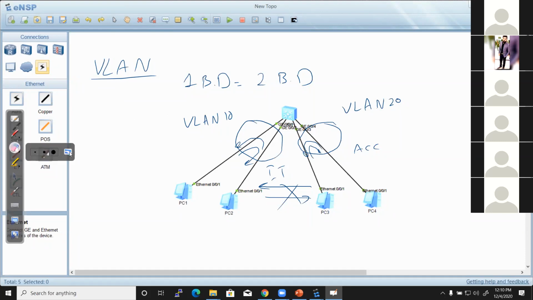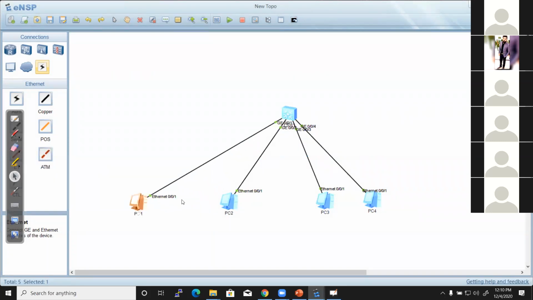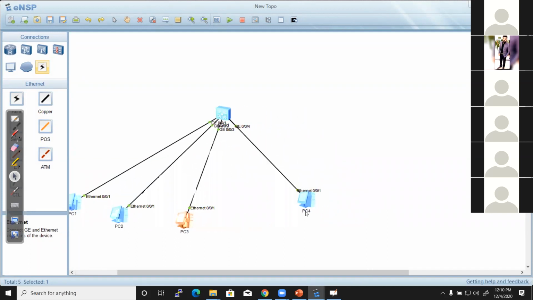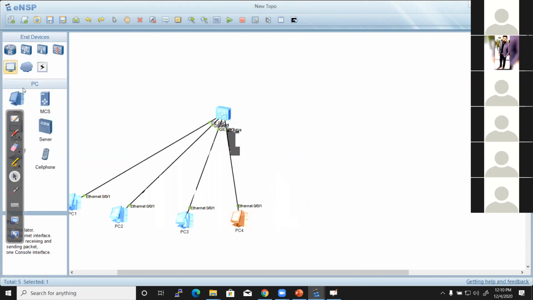What if I have a second floor, and on the second floor I have another switch, and again I have two guys which belong to IT and two guys which belong to the account department.